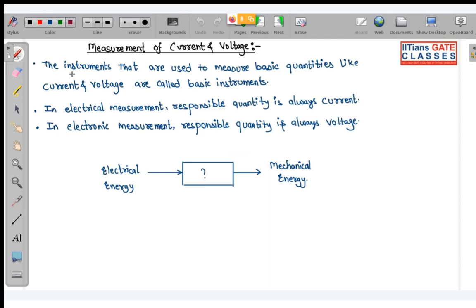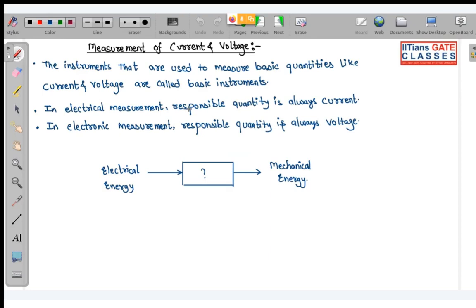Okay. So usually in electrical measurement, the responsible quantity is always current, whereas in your electronic measurement, the responsible quantity is always voltage. Can anyone tell me why?